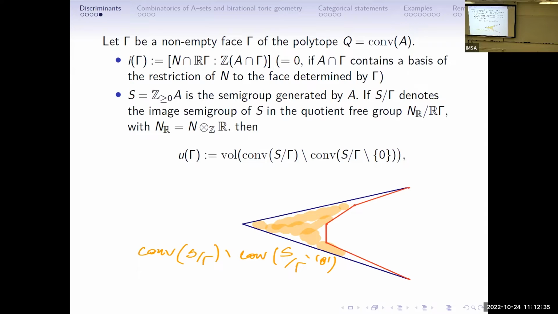What you get here are some points which do not live in a hyperplane anymore.